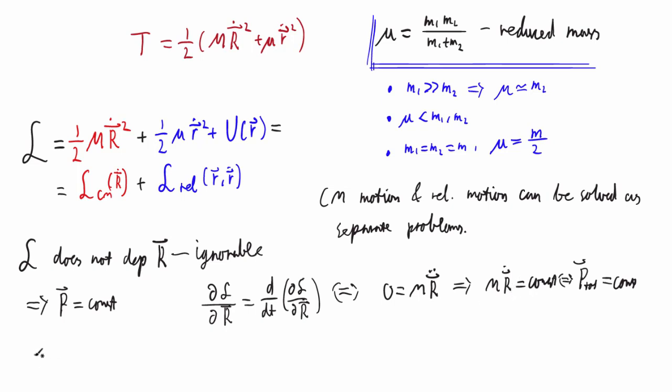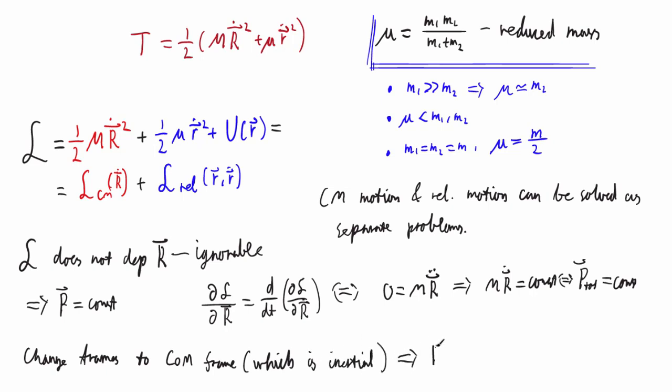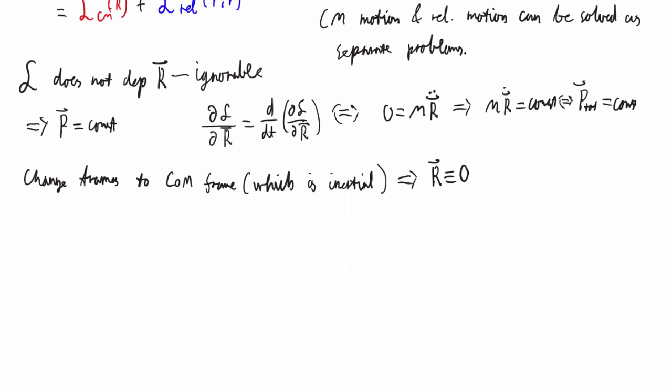So if we do that, then capital R is just identically equal to 0. So this gives us that the Lagrangian in that case is just equal to the relative Lagrangian.